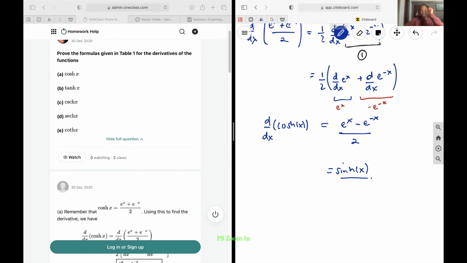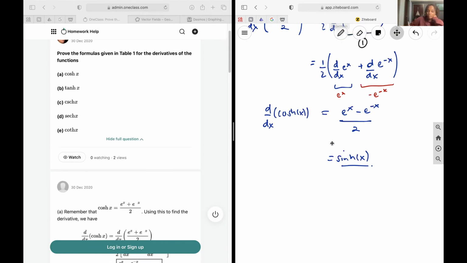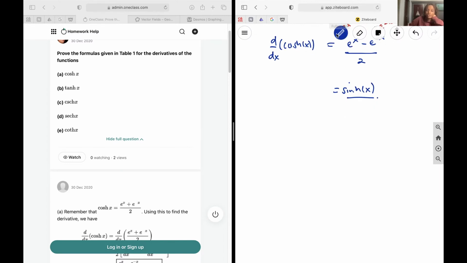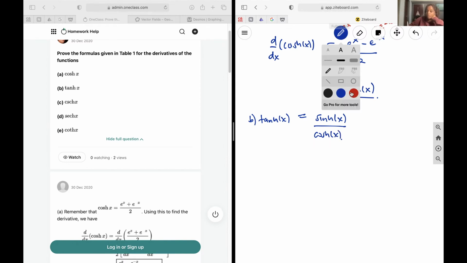Next up, we are looking for the derivative of the hyperbolic function tanh x. And you just need to remember that that is sinh x over cosh x. And so for this one, we are going to be using the quotient rule.